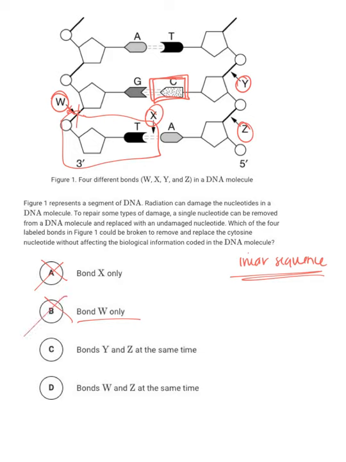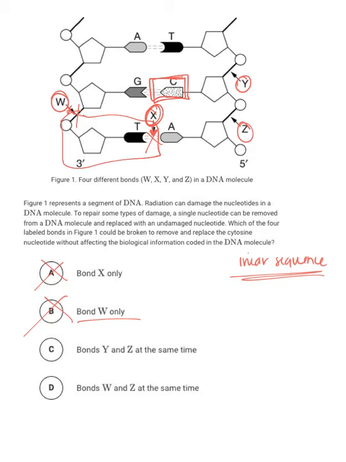If I were to break X, is that going to affect the coding of the molecule? Yes, because I'm breaking the ability for these complementary pairs to line up. But what's cool about these hydrogen bonds is they can be broken and then reformed without allowing any nucleotide to be removed from a molecule. So this one doesn't really change anything.